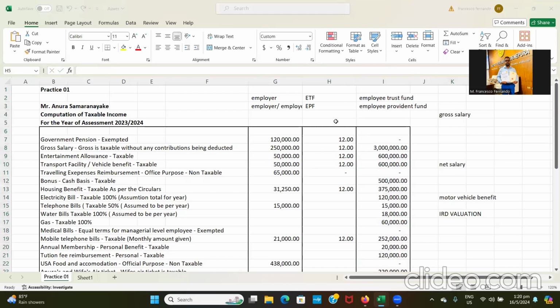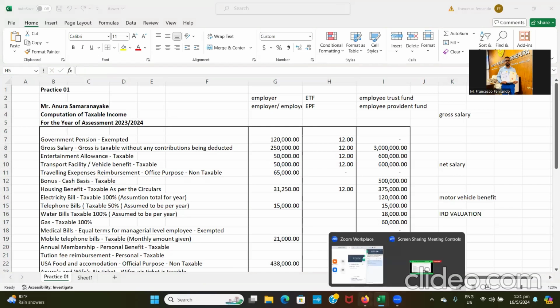It's better if you can mention the exact gazette and circular, but I also can't remember. Like me, if I can't remember that in the exam, I will write as per the IRD valuation, right? It's normal for people to forget things. Now this entertainment also is taxable, right?